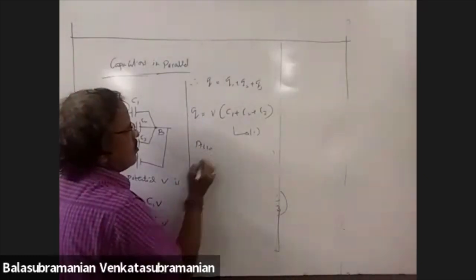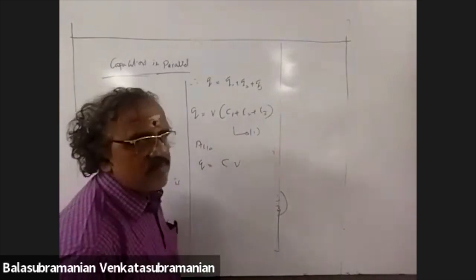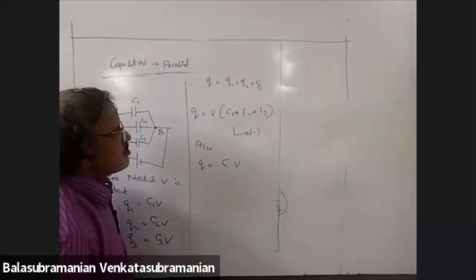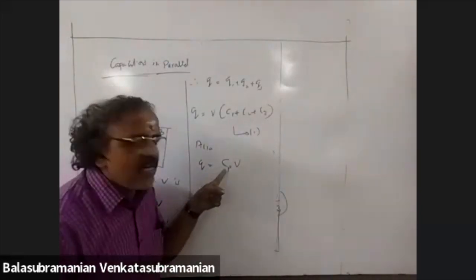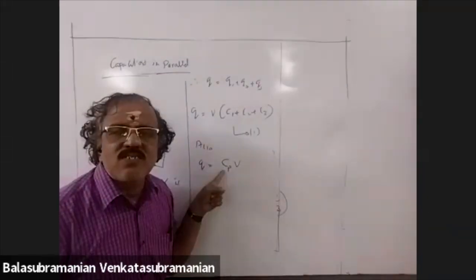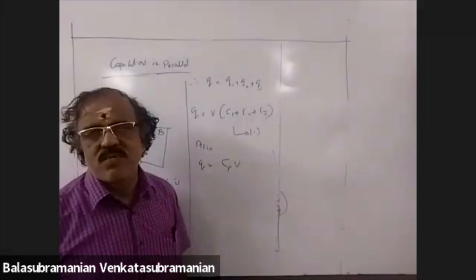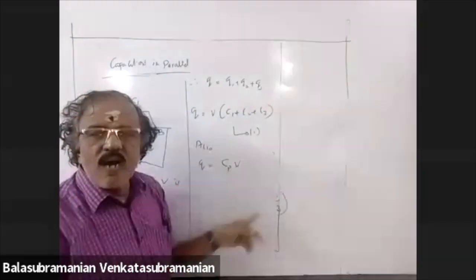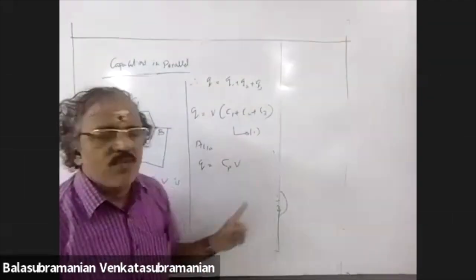Also, Q is equal to C into V, the basic formula. This is the resultant or effective capacitance of the conductor when connected in parallel. Individually you have calculated and added. Now together it will have one value that we are substituting.